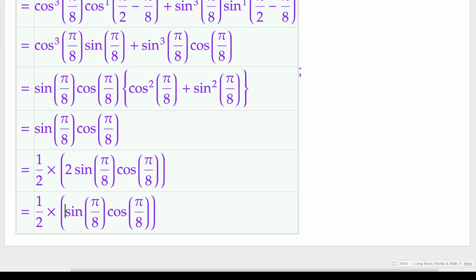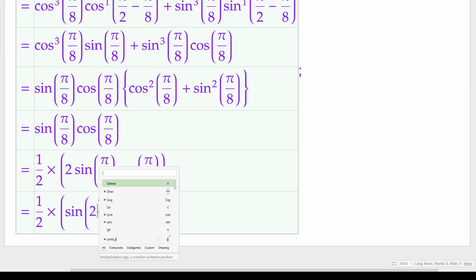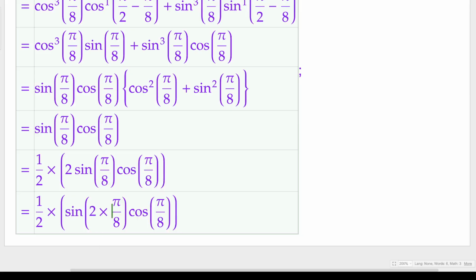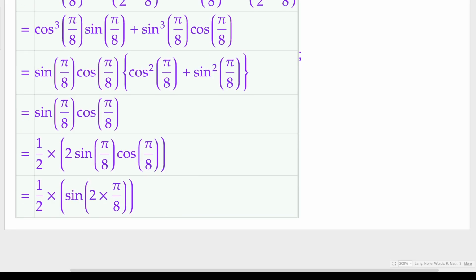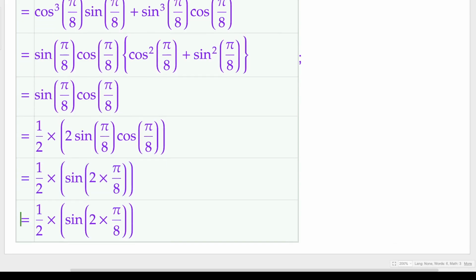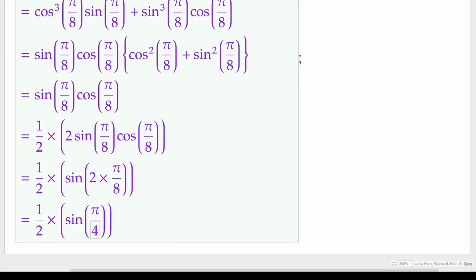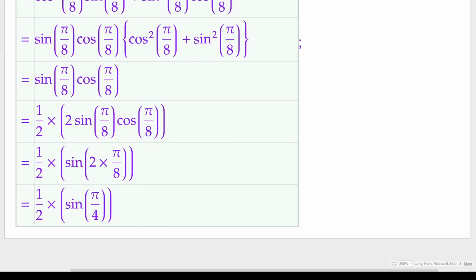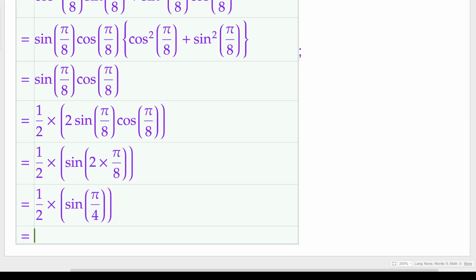So this can be written as sine of 2 times the given angle, and sine pi over 4 is something that we are already aware of. So on simplifying, we'll be getting sine pi over 4, which is 1 by 2 times 1 over square root of 2.